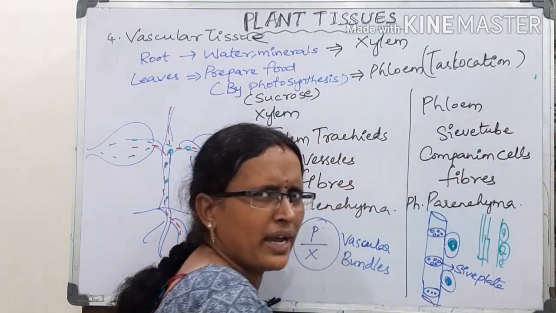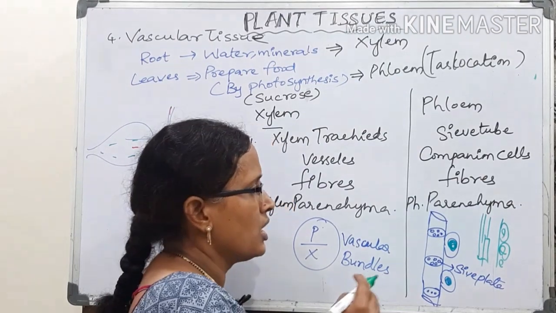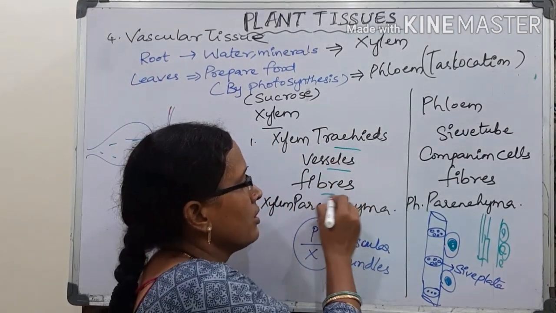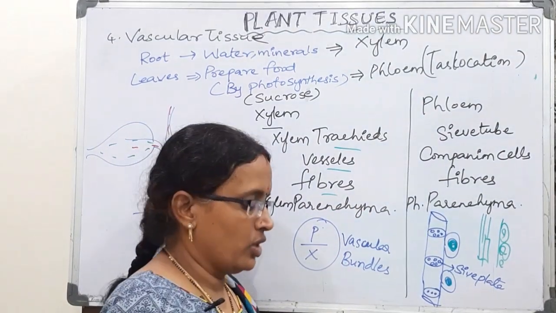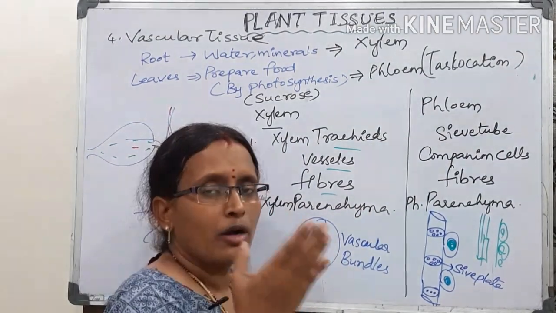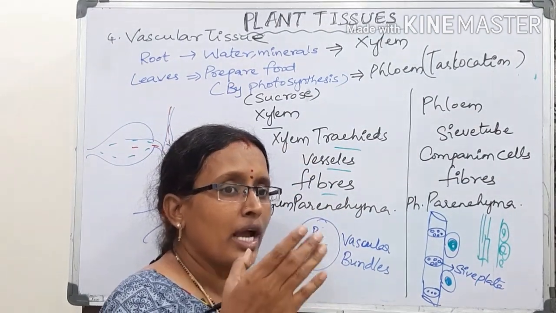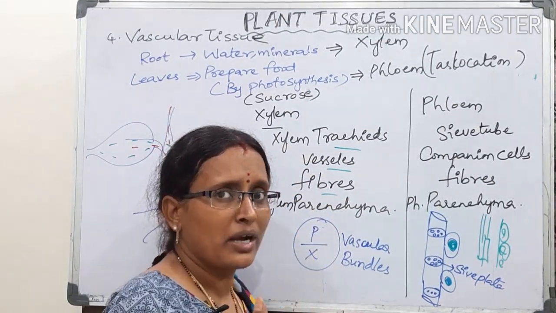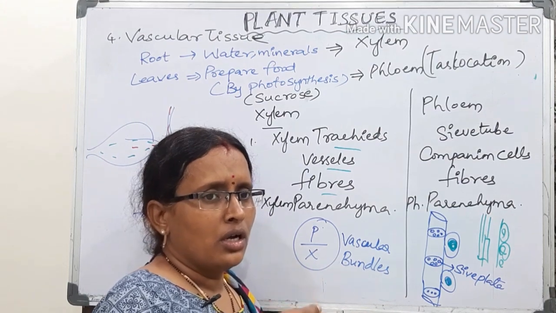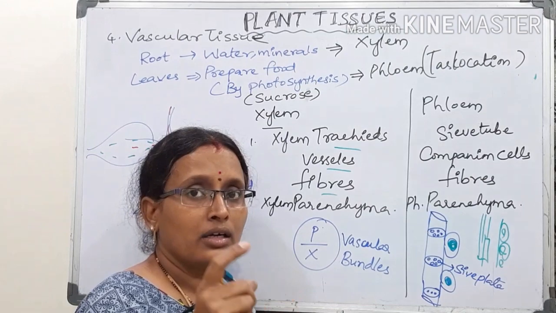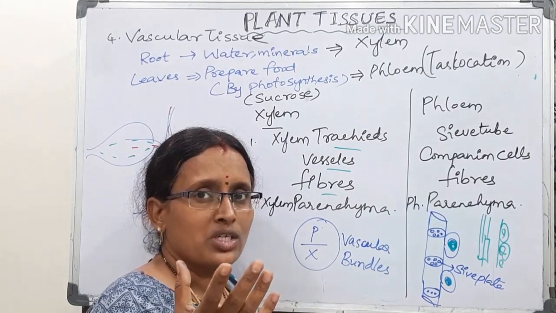Throughout the plant there are tube like structures, small tubes and small vessels. If you want to take water from the topmost tank to the bottom of your house, you will use different sizes of pipes, and where you want to join, you use a different type of V-shaped structure.